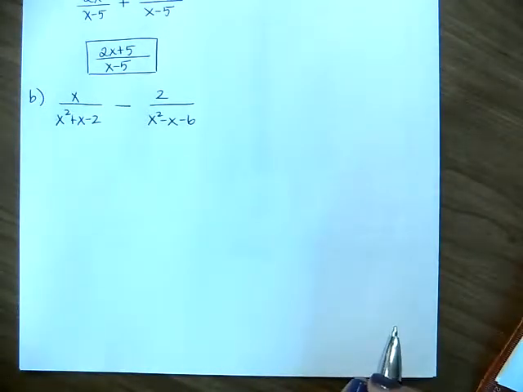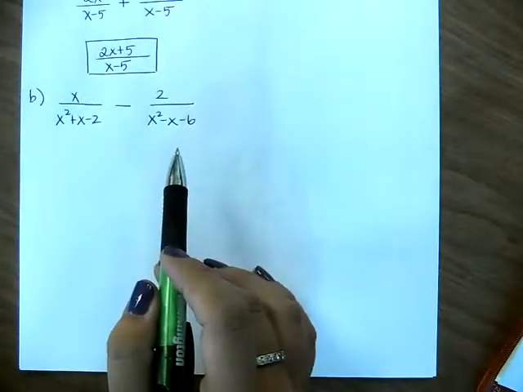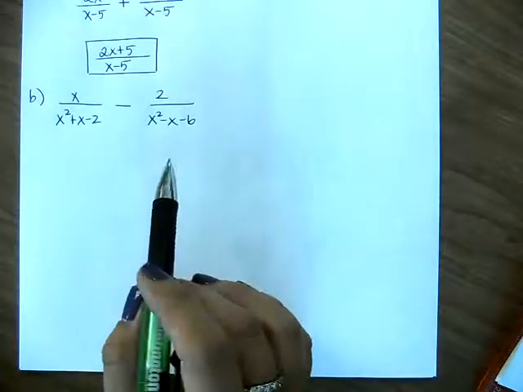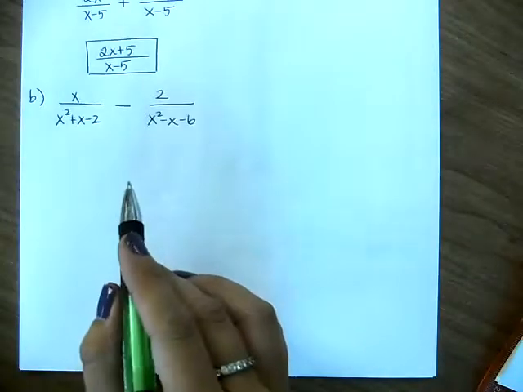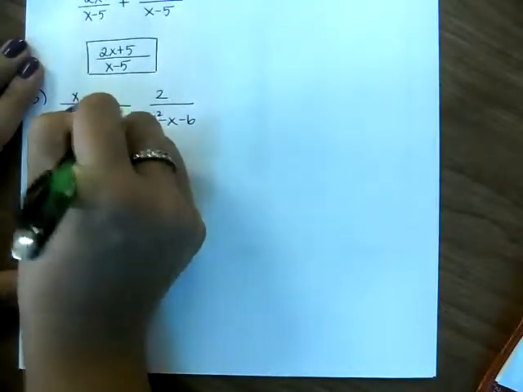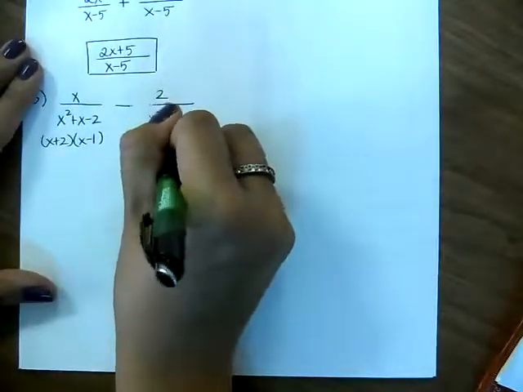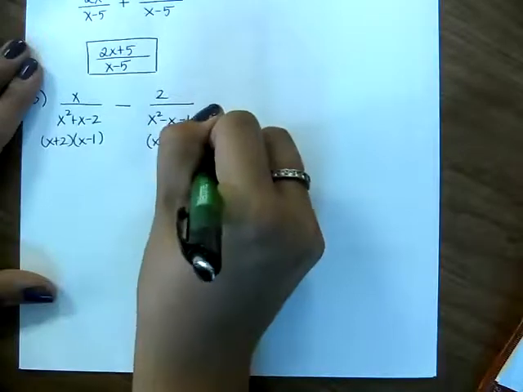Before I can get that, you could multiply these two together, right? But there's probably a smaller denominator if we factor it. So that's what we're going to try to do. So we have x plus 2 times x minus 1. Right, here we get x minus 3 times x plus 2.